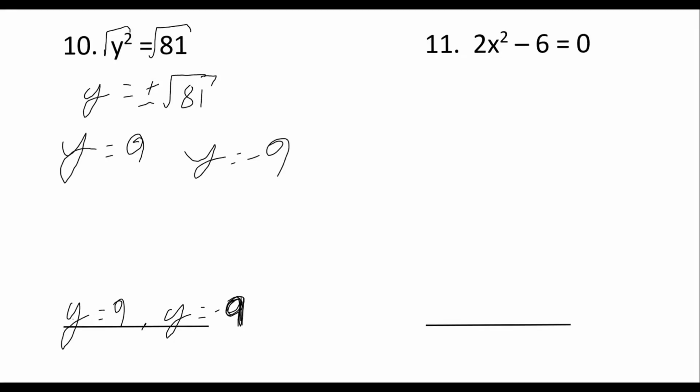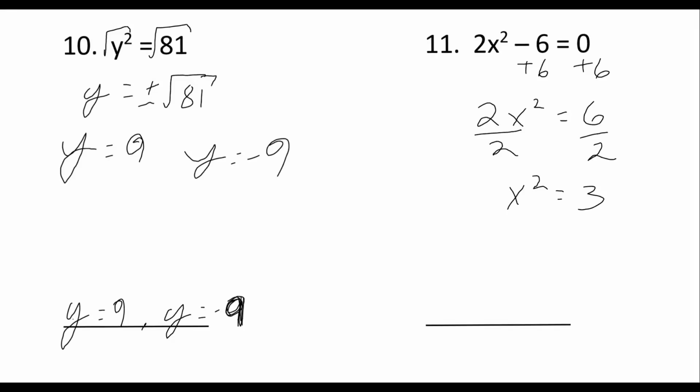Alright, number 11. What we have to do is add 6 to both sides to start out with. That's going to be 2x squared equals 6. Then we divide each side by 2, and x squared equals 3.